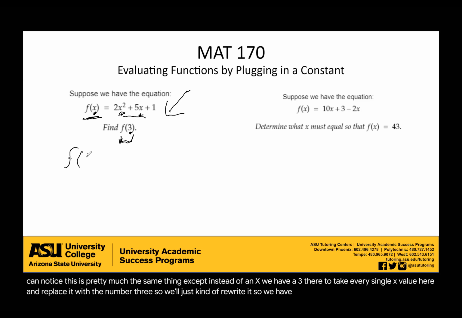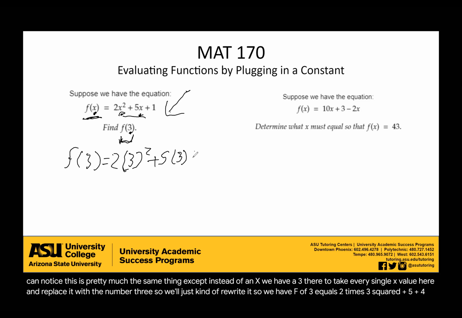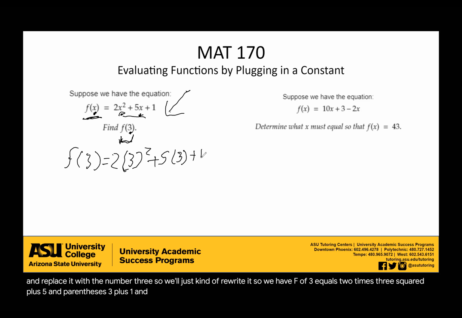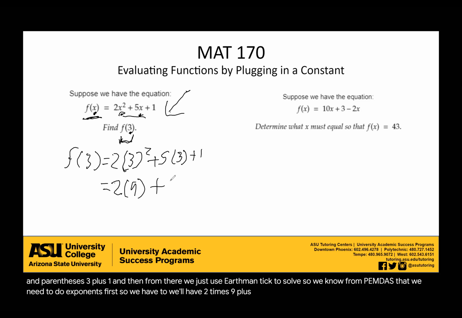So we have f of 3 equals 2 times 3 squared plus 5 times (3) plus 1. And then from there, we just use arithmetic to solve. We know from PEMDAS that we need to do exponents first. So we have 2 times 9, plus the 5 times 3, plus the 1.